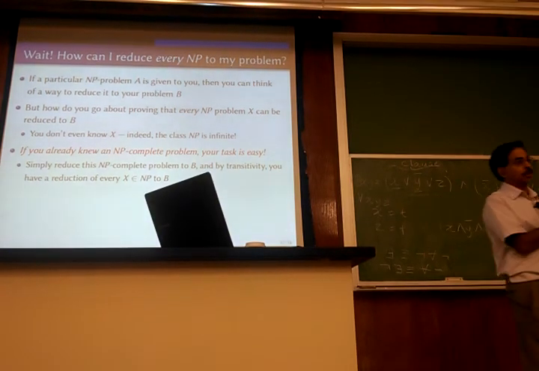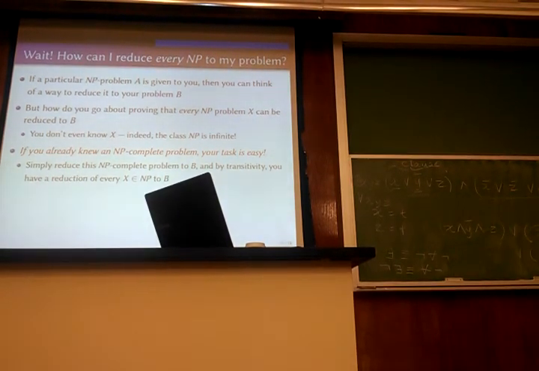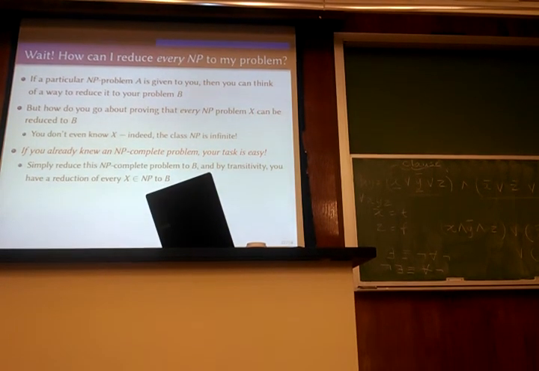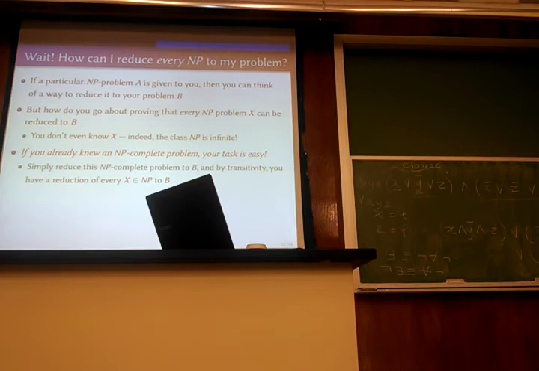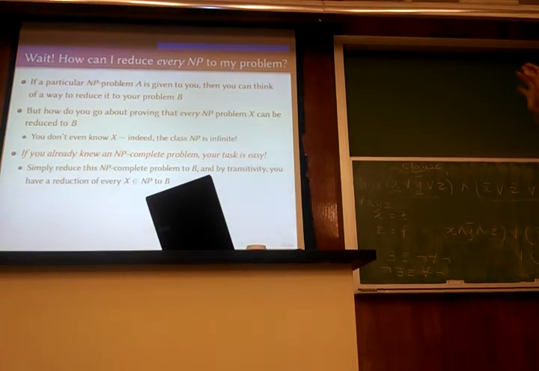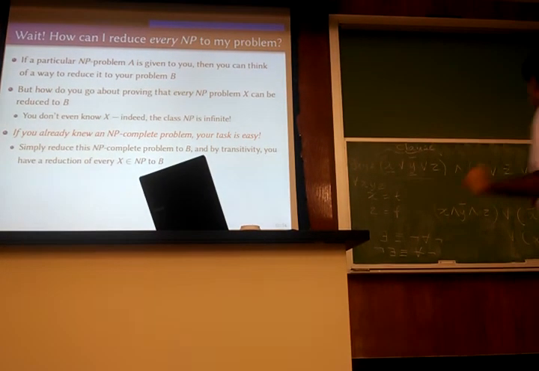However, if you already knew an NP complete problem, then it is easy. You take an NP complete problem A, and you say that this problem B that I want to prove as NP complete can be used to solve this known NP complete problem. So this way, I have this mapping.